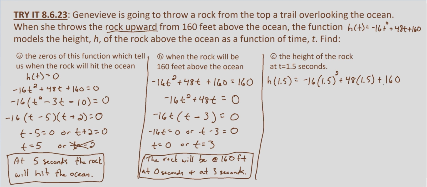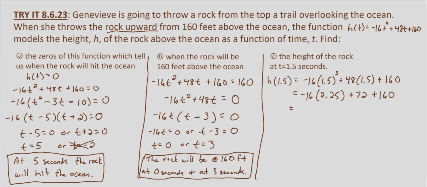So now we just simplify, and what we end up with is -16 times 1.5² is going to be 2.25. And then 48 times 1.5 is 72. 48 times 1 is 48. 48 times 1 half, or 0.5, is 24. You add those two, we get 72. And that's still plus 160.